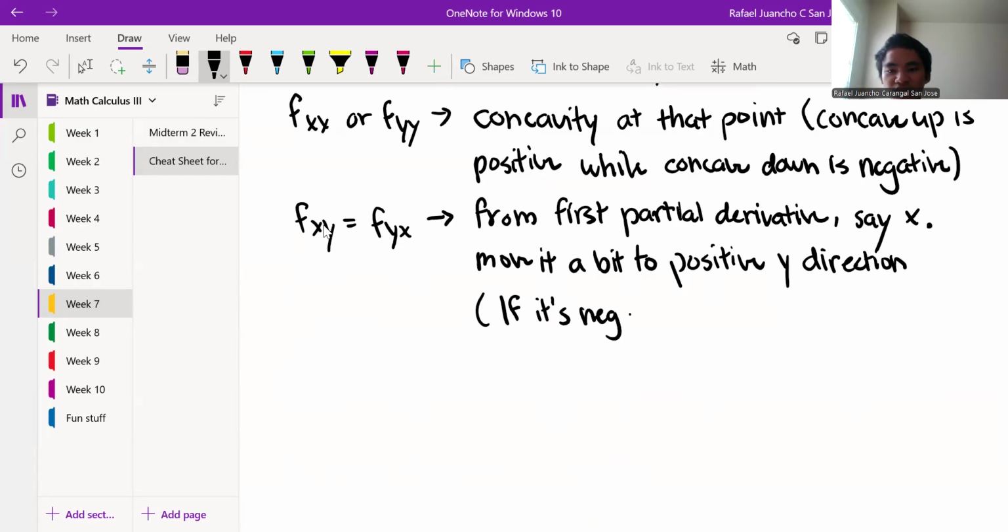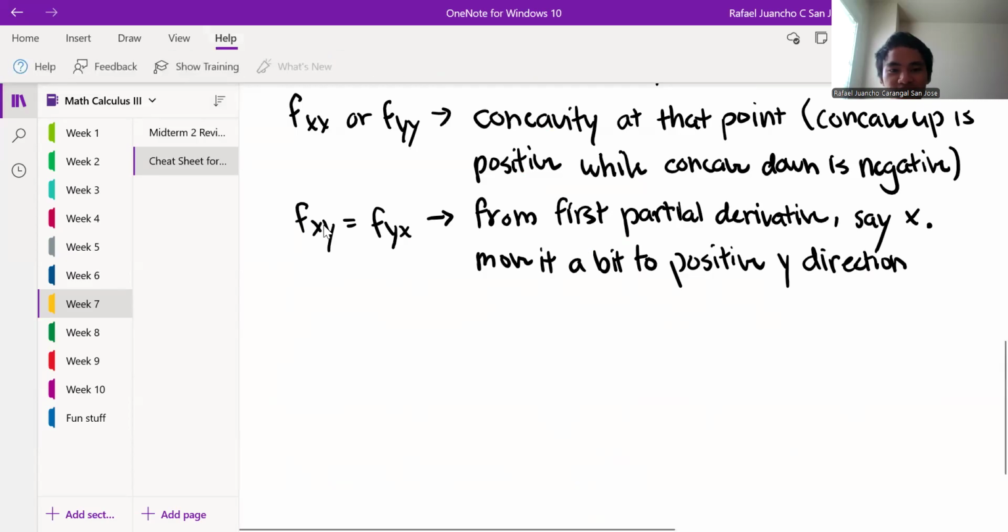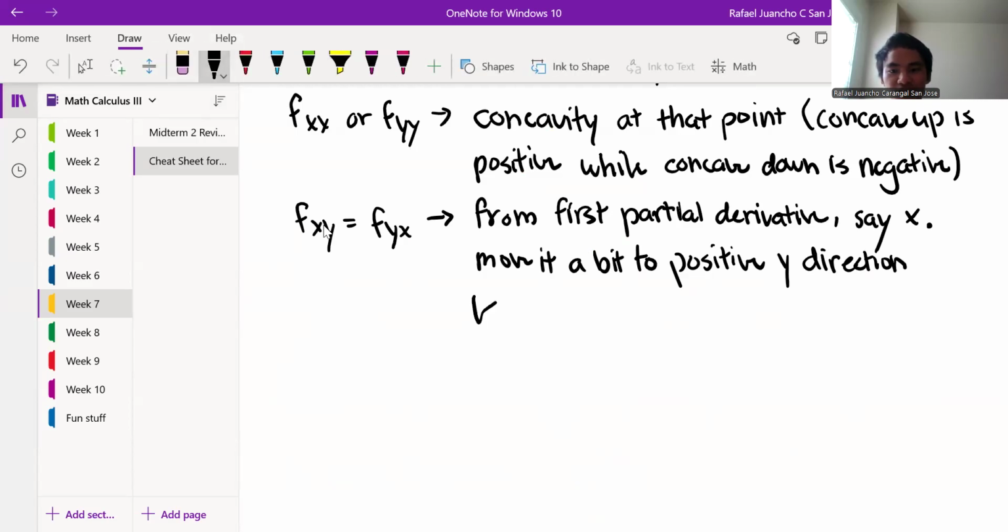We're making some assumptions here. Let's say the first partial is negative.